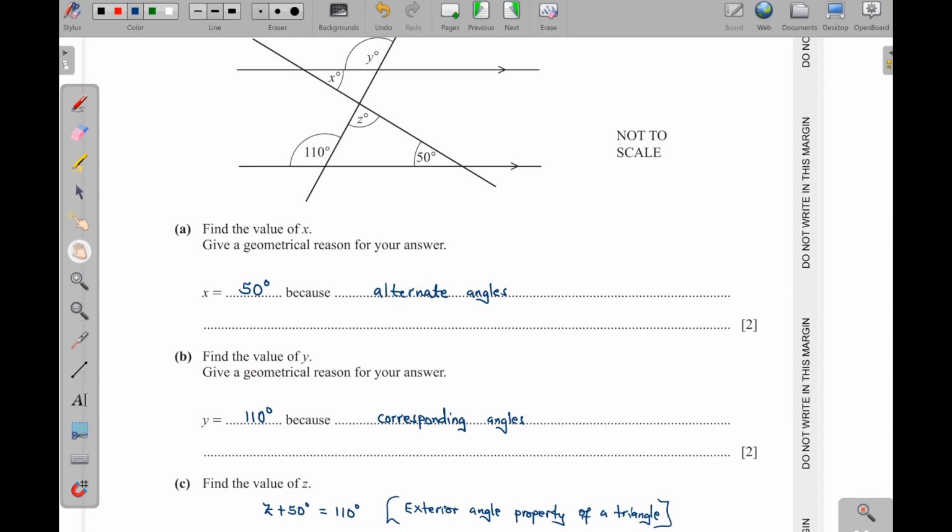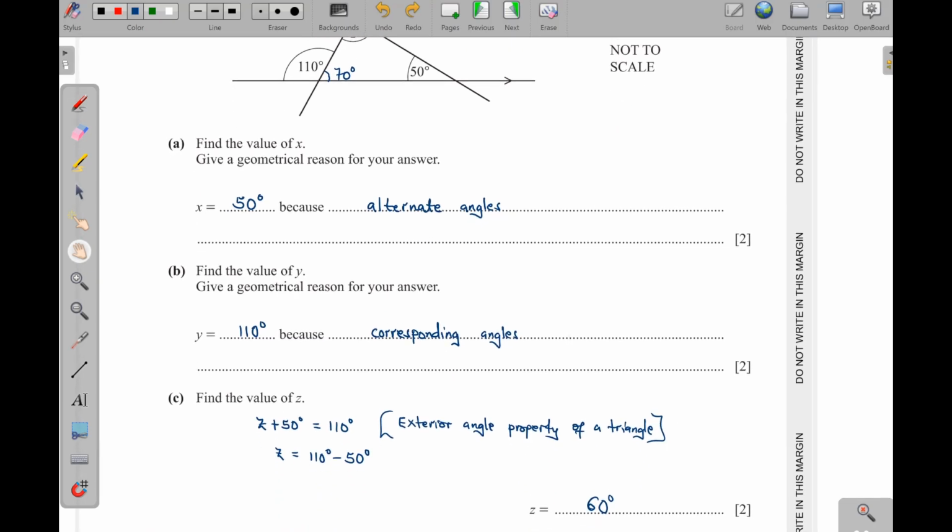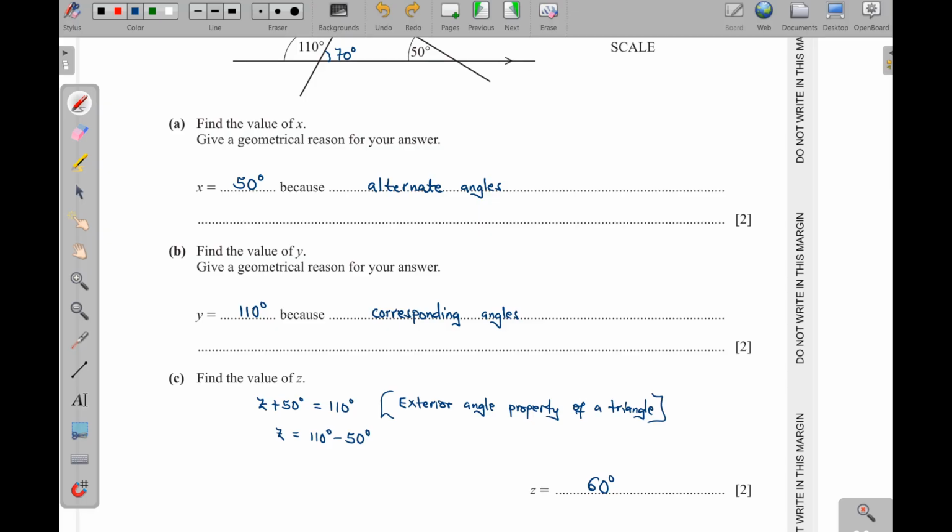Or if you want, you can actually say that these are angles on a straight line. This will be 70, not so? Then 180 minus 70 minus also the 50. When you add these two, you get 120. So then 180 minus 120, you get your answer as 60.